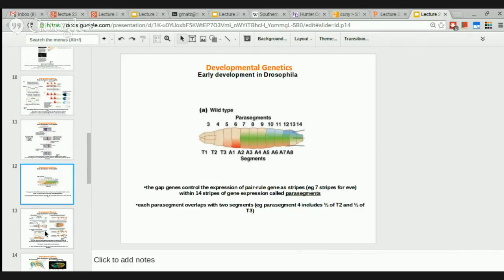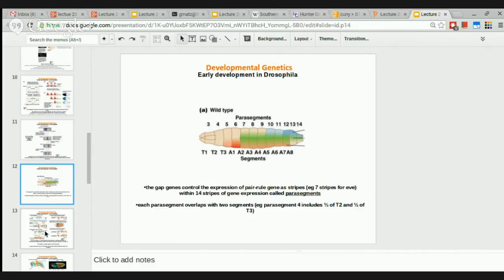It turns out that at this point, the real zone of expression that's relevant for development is not really the segments, because these are more like morphological entities that we see. The relevant zones that are controlled by gap genes and later on by pair rule genes is a zone called the parasegment.